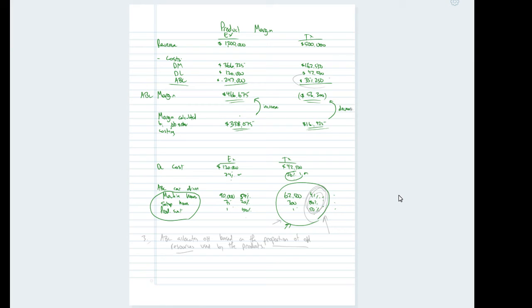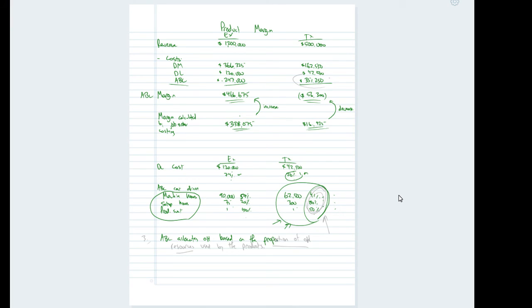So ABC allocates overhead based on the proportion of overhead resources used by the products.